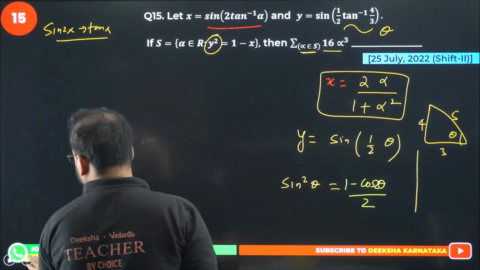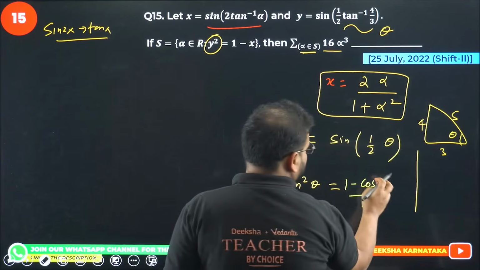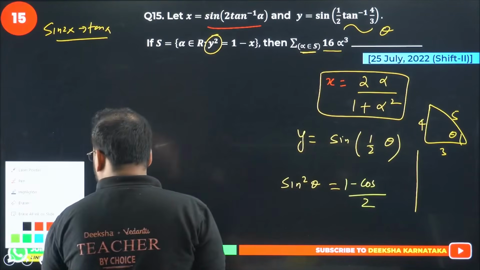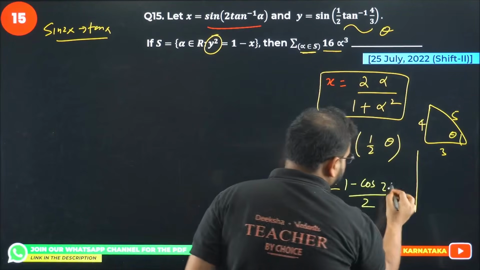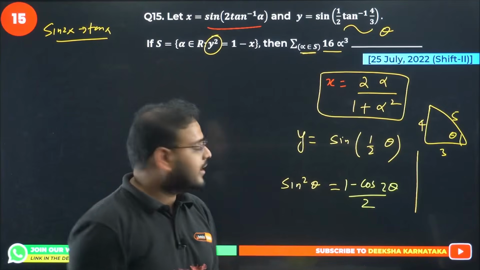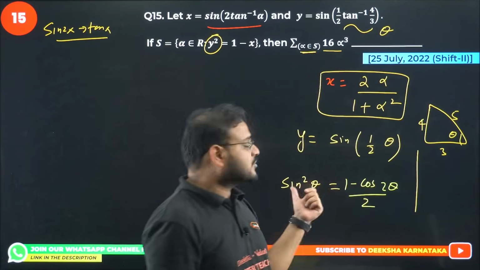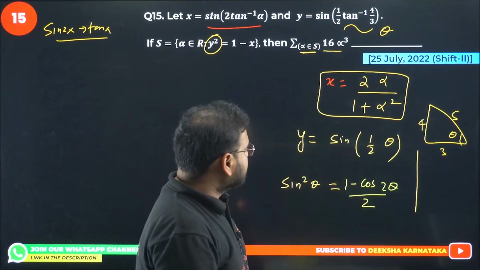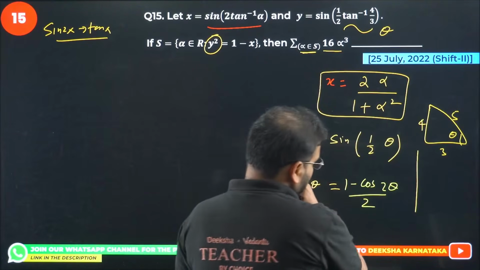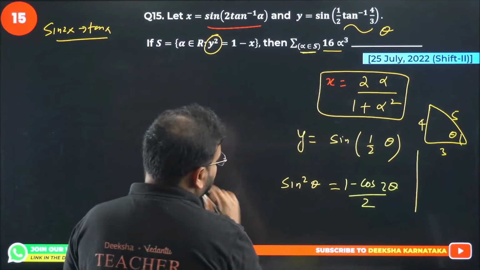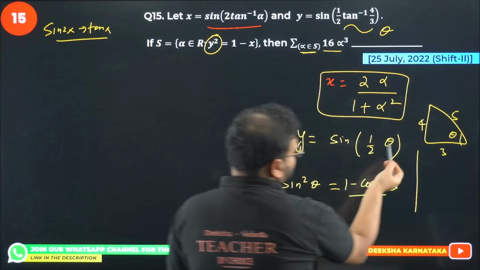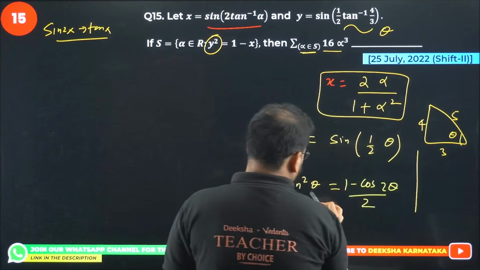This is the formula. Everyone will agree, right? 1 minus cos 2 theta by 2 is given by sine square theta. Okay, formula of cos 2 theta in terms of sine square. All right, so let's find it out. No, actually it's theta by 2 only, right? It's going to be theta by 2 over here.